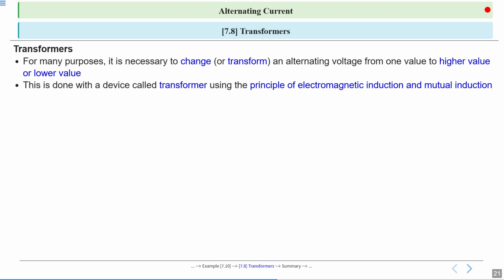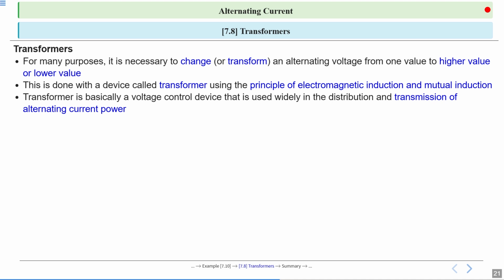This is done with the device called transformer using the principle of electromagnetic induction and mutual inductance. A transformer is basically a voltage control device that is used widely in the distribution and transmission of alternating current power.